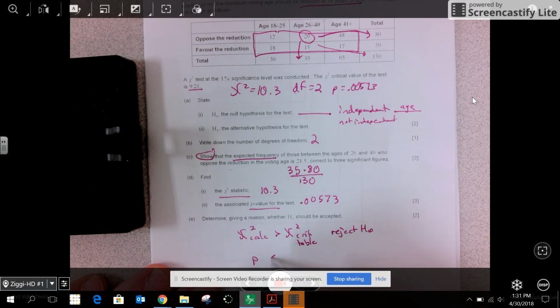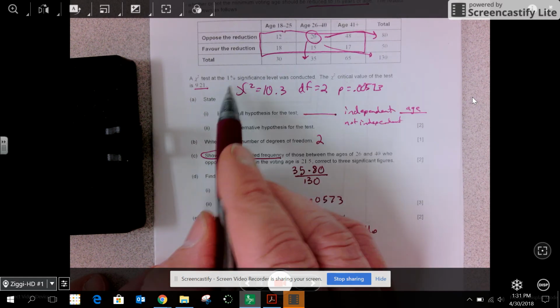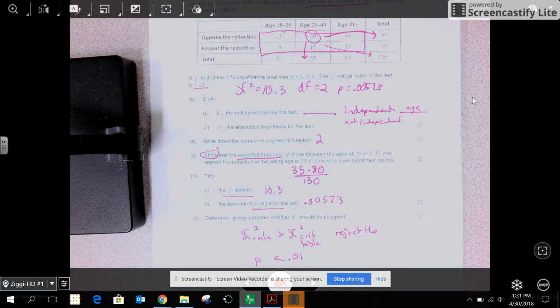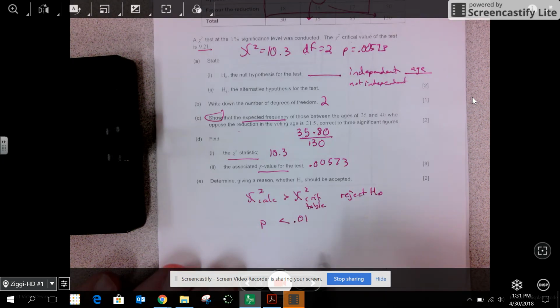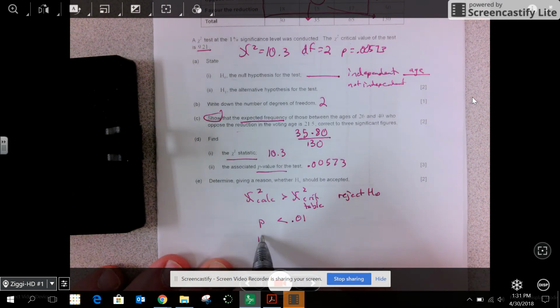And p is the opposite of that. If p is less than the significance level, which is 1%, then we reject. So let's see if they back each other up. Chi-squared calculated is 10.3. Chi-squared critical 9.21, so it's greater than, so that's reject the null.